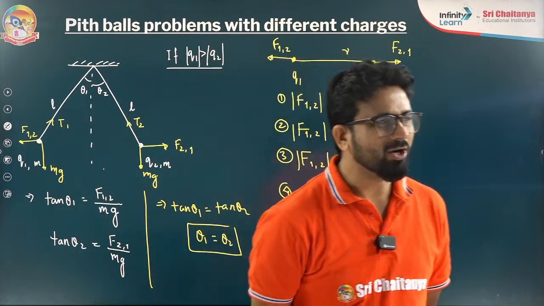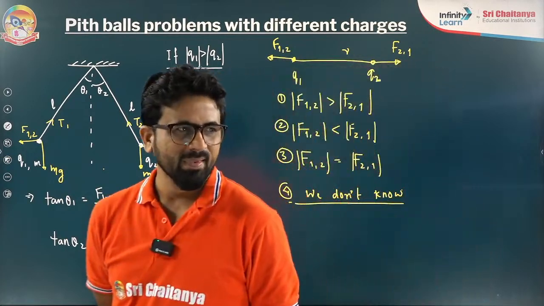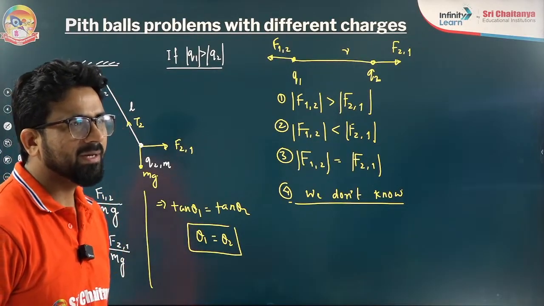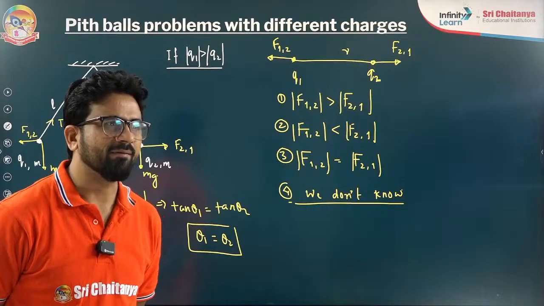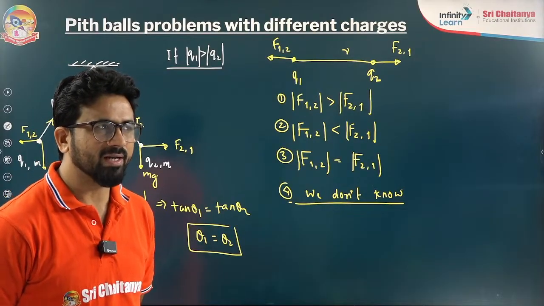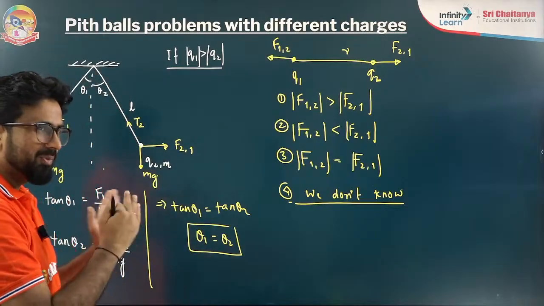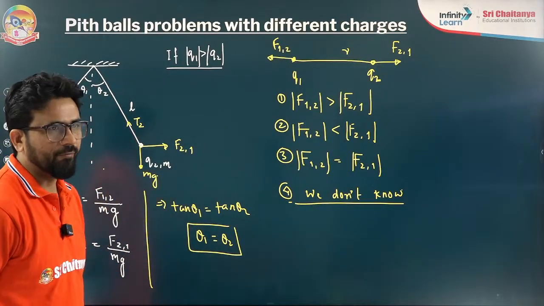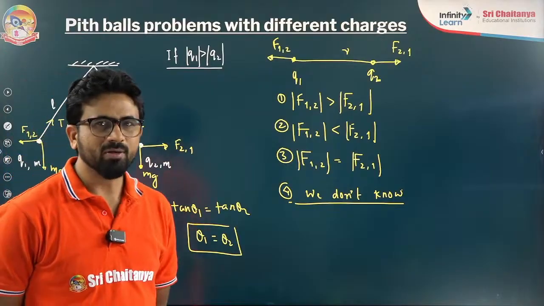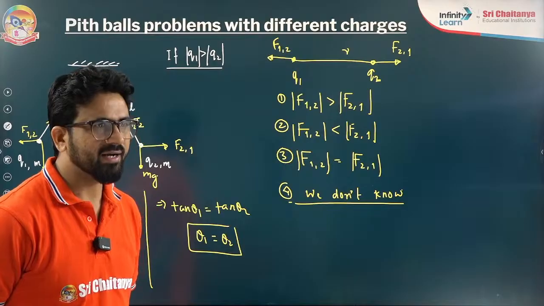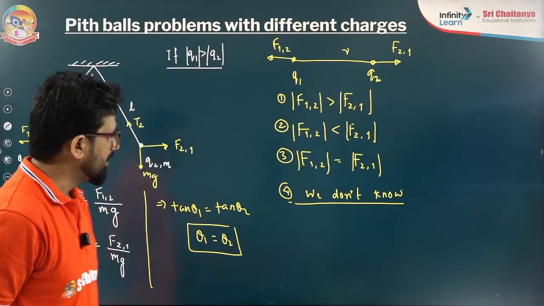Now, is it clear or not? Yamini Priya, Chandra Shri, Lakshmi Priya, Sudhakar, Praveen, put your answers. Clear or not clear? Theta 1 would be equal to theta 2. Yes or no? Please put your reaction. Why?